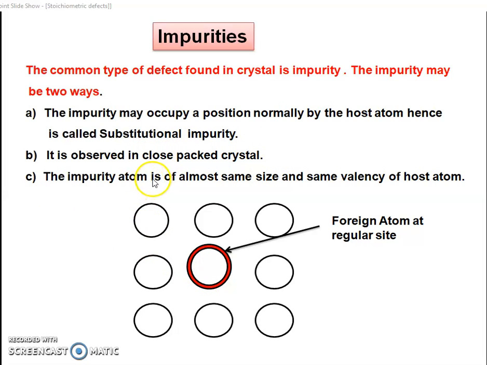The impurity atom is of almost the same size and the same valency as the host atoms. So this type of impurity is present in the crystal like a foreign atom having a regular site of this crystal.